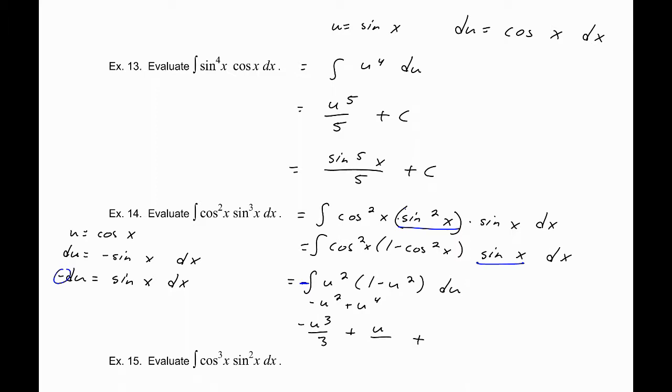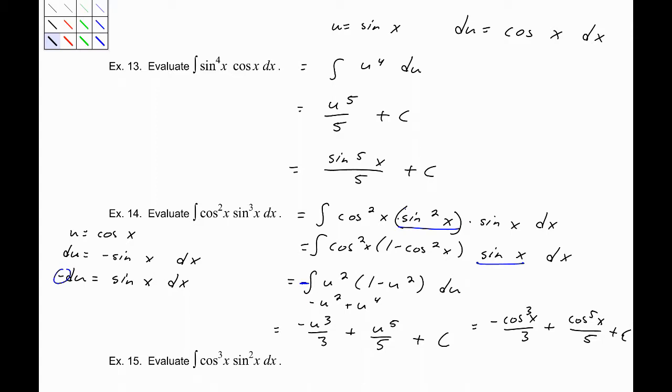Sometimes I can't do arithmetic either. Haha, just sort of happens that way. Plus c. So I can now write that, plugging my u back in. That is negative cosine cubed x over 3 plus cosine to the fifth x over 5 plus c.